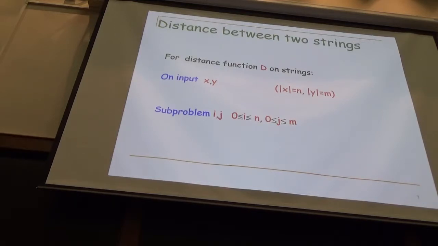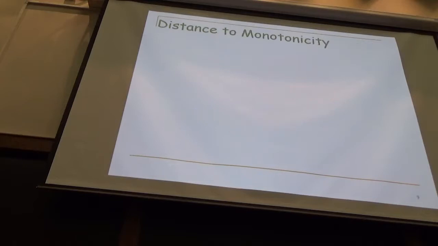You have a prefix of the first string going from symbol 1 to symbol i, and a prefix of the second string going from 1 to j, and you ask what's the distance between those two prefixes. So that gives you your n-squared subproblems. So we'll write that prefix as x less than or equal to i, or y less than or equal to j.